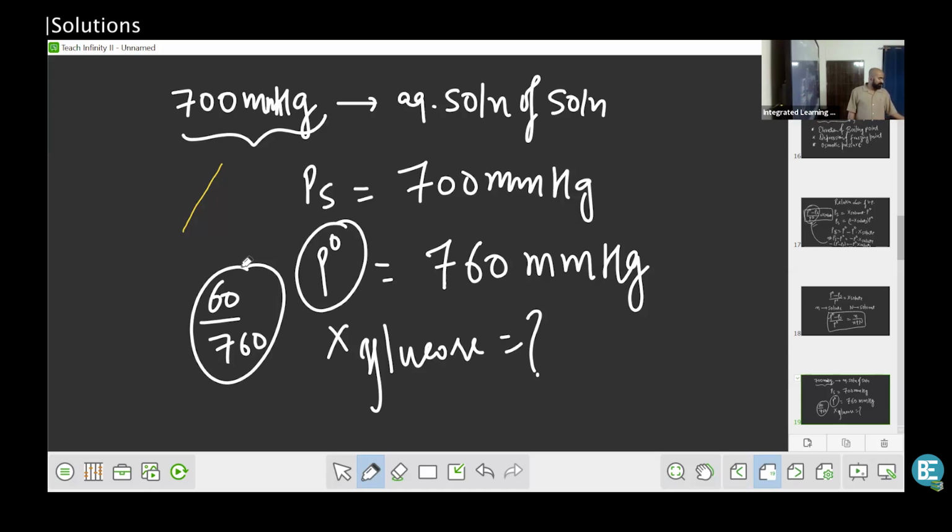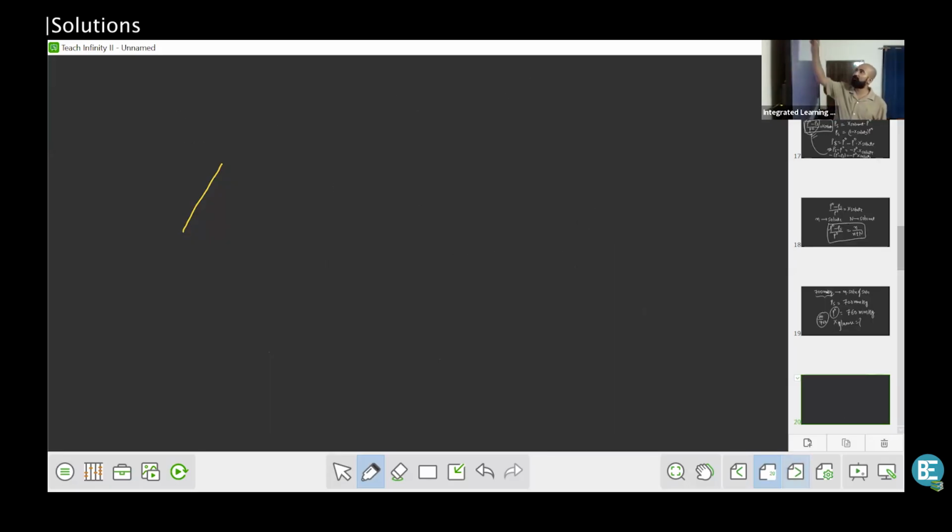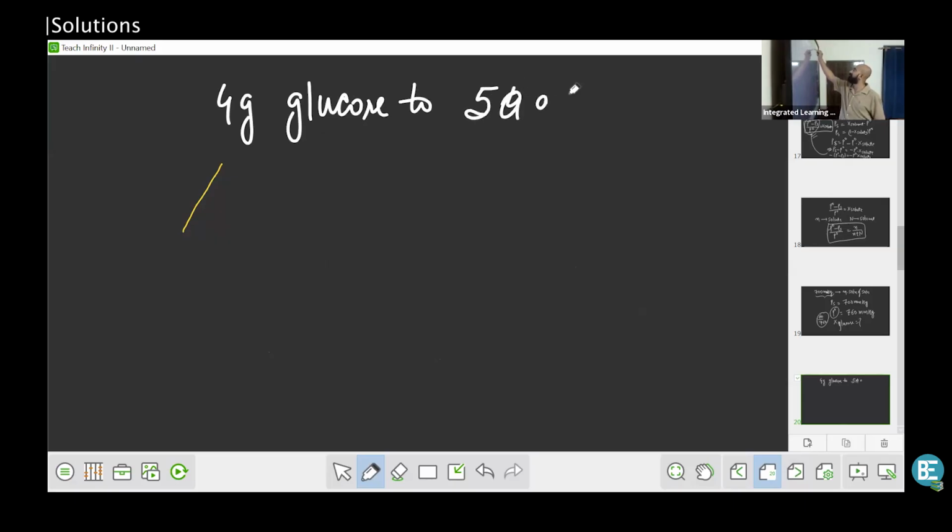Calculate the relative lowering in vapor pressure on addition of 4 gram glucose to 500 gram water.